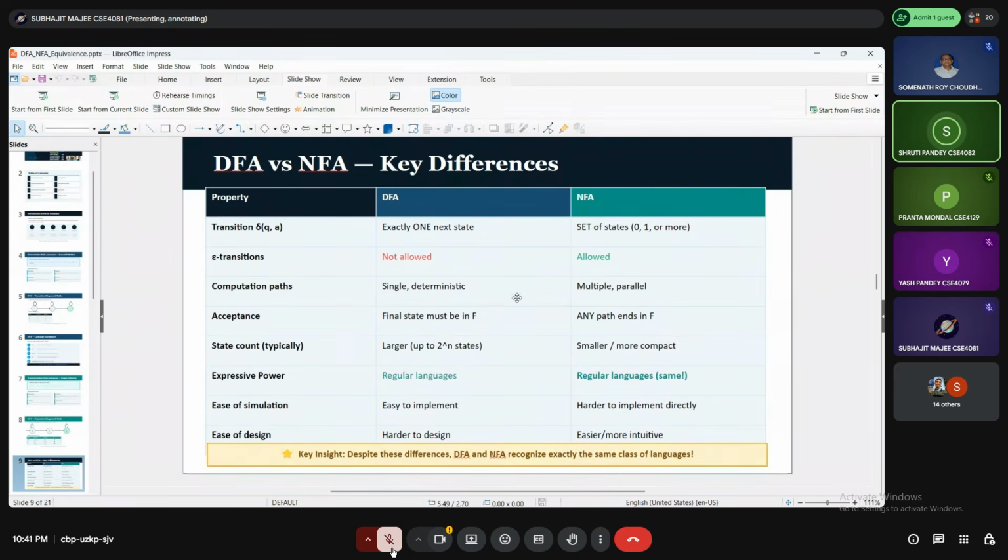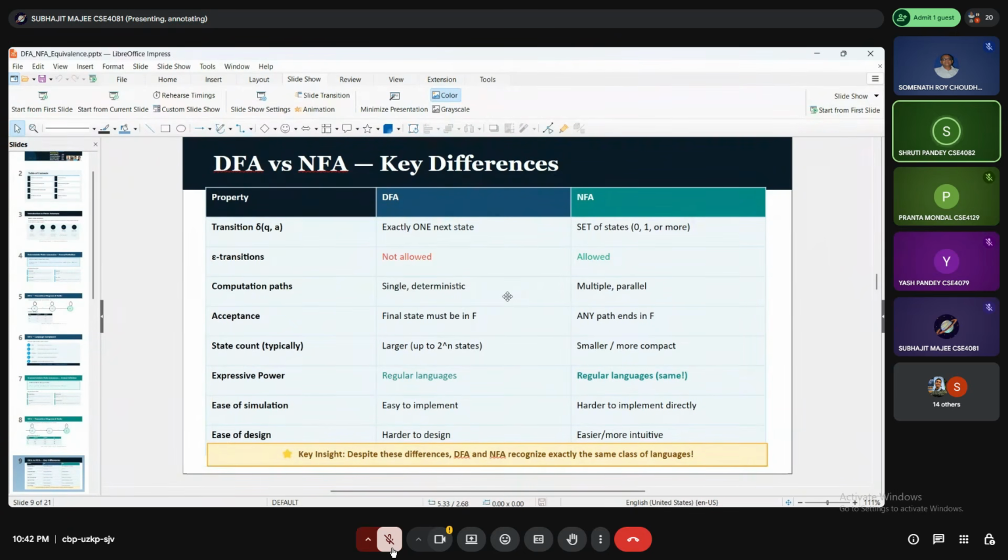DFA versus NFA key differences. The first property is transitions: in a DFA it is exactly one next state, in an NFA it is a set of states, 0, 1 or more. Epsilon transitions are not allowed in a DFA but are allowed in an NFA. Computation paths: a DFA has a single deterministic path, an NFA has multiple parallel paths. Acceptance: in a DFA the final state must be in F; in an NFA any path ending in F accepts.